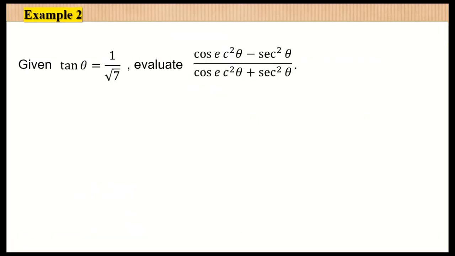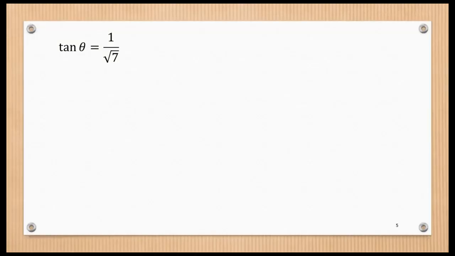For the next example, given tangent theta equal to 1 over root 7, evaluate cosecant squared theta minus secant squared theta over cosecant squared theta plus secant squared theta. We will have tangent theta equal to 1 over root 7, which is opposite over adjacent.